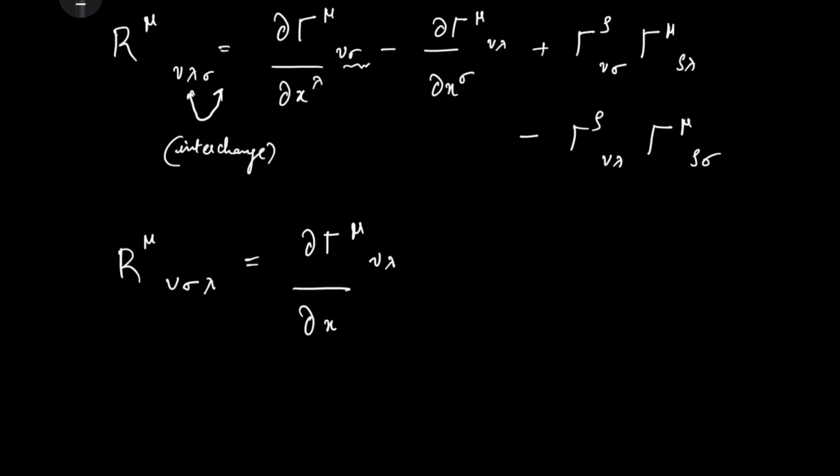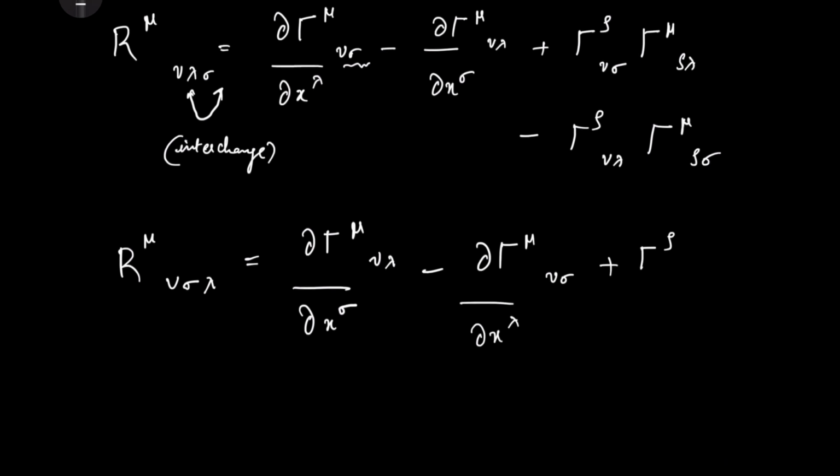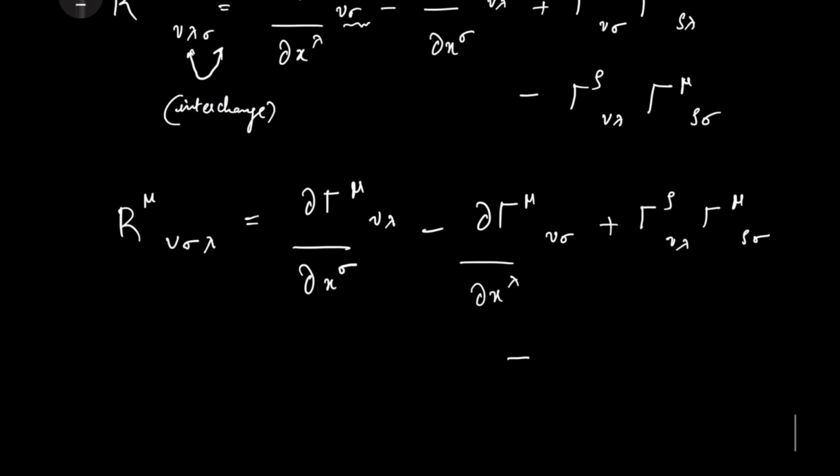With respect to, instead of lambda, I have to write sigma, minus partial derivative of mu nu sigma with respect to x lambda plus Christoffel symbol rho nu lambda, mu rho sigma, minus rho nu sigma, mu rho lambda.